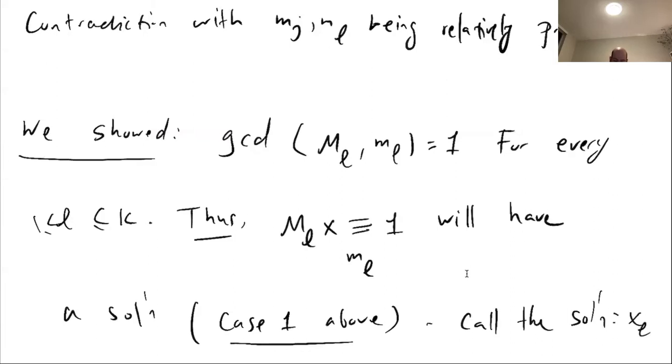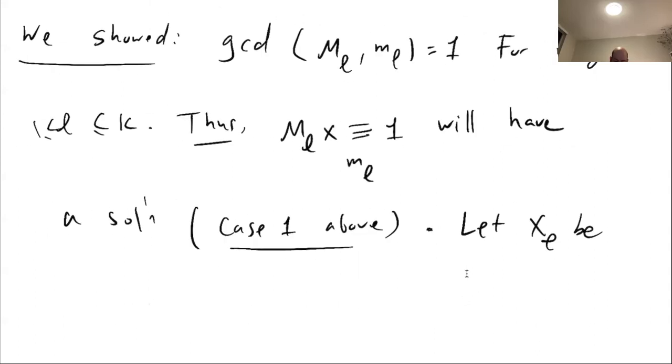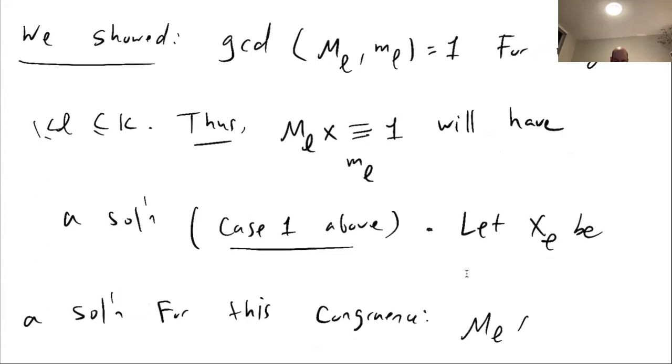Let me write it this way. Let XL be a solution for this congruence. So I can say capital ML times XL congruent 1 mod ML.